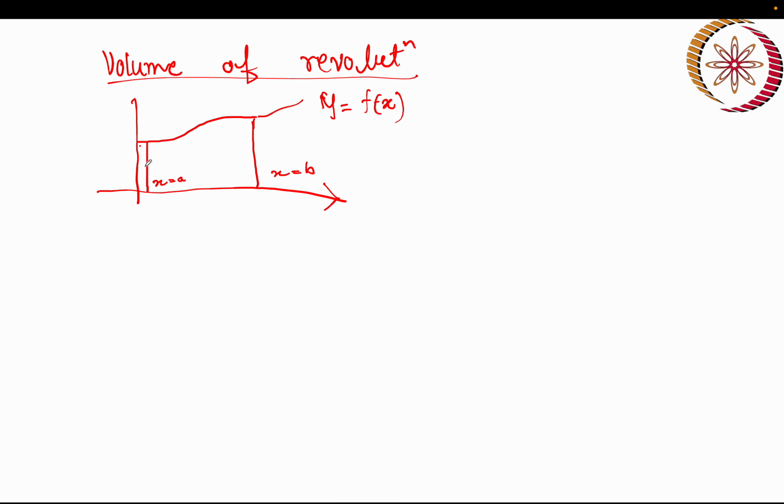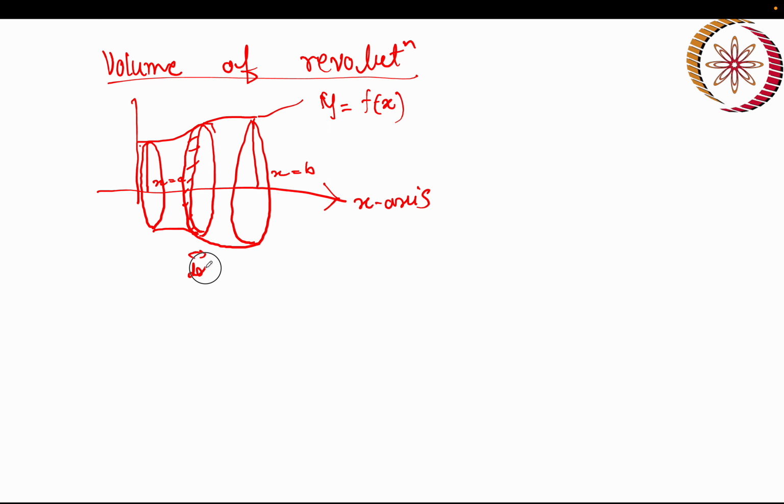If we revolve this section around the x-axis, each individual section will have a circular cross section, and a small part of it we can treat as a disk. So this is a disk of thickness, let's say, dx.